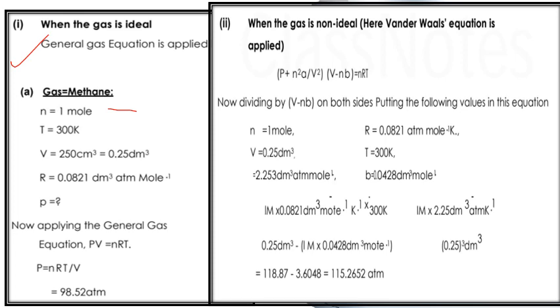Put in the values very carefully. ये थोड़ी सी tricky question है, लेकिन you people are the students of maths. If you are, you can do it well, right जी? Now this is the term which comes out, pressure ही आपको calculate करना था. It comes out as 115.2652 atmosphere, right? Now this is how to do the numericals related to the van der Waals equation.